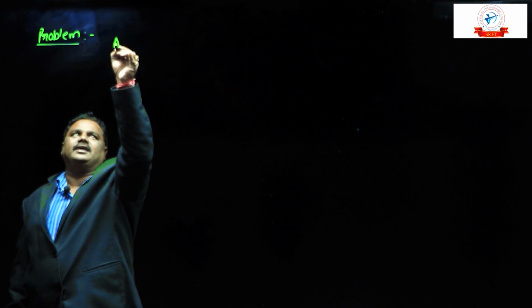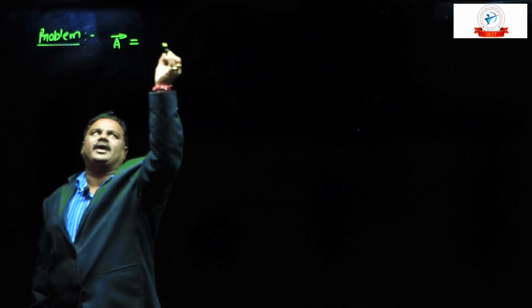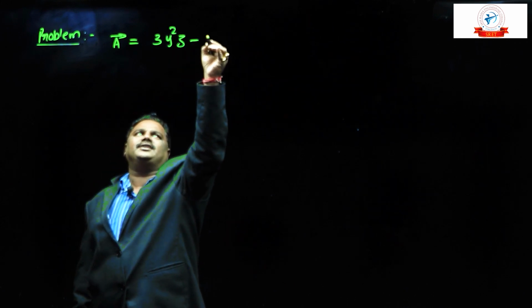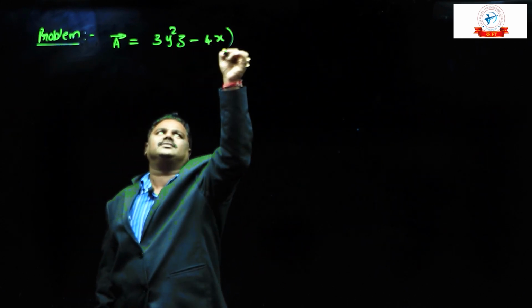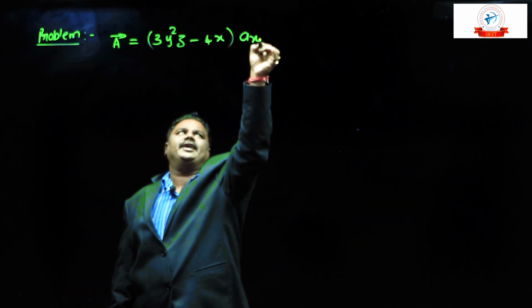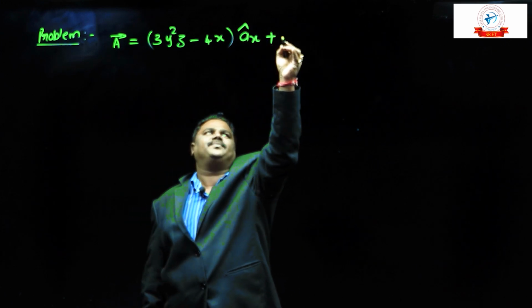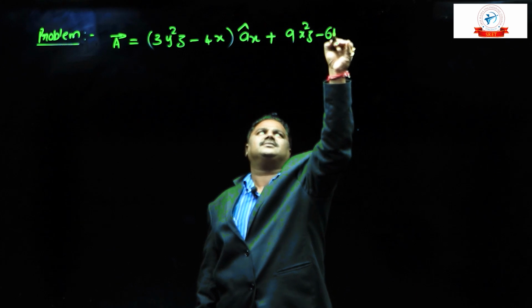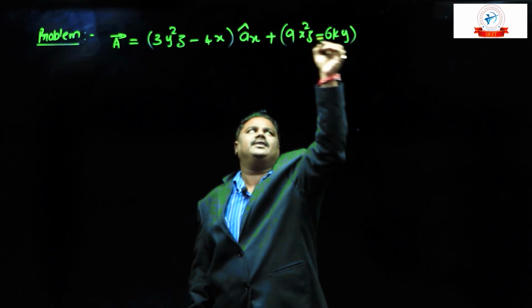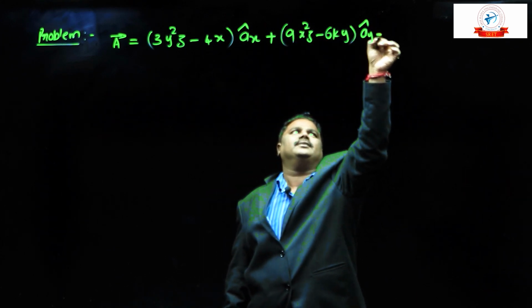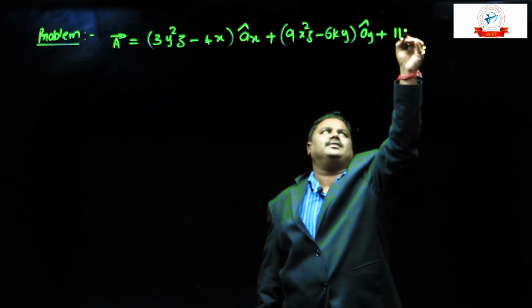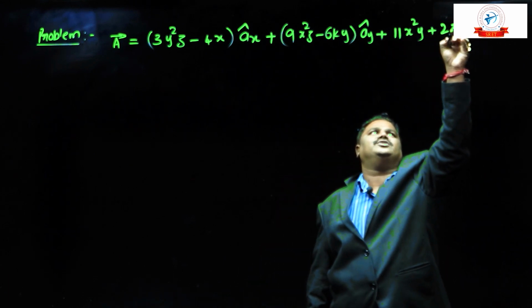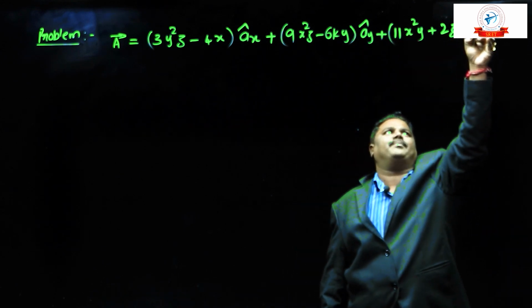Consider a vector field A bar given by (3y square z minus 4x) ax cap plus (9x square z minus 6ky) ay cap plus (11x square y plus 2z) az cap.